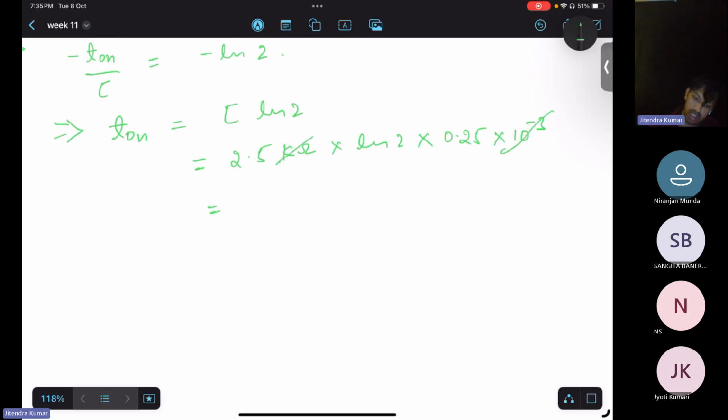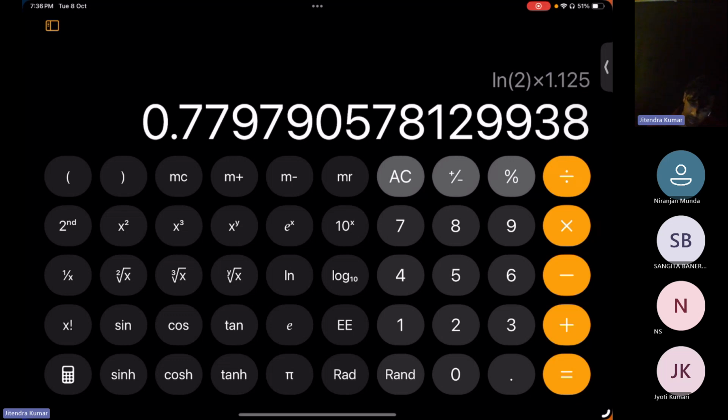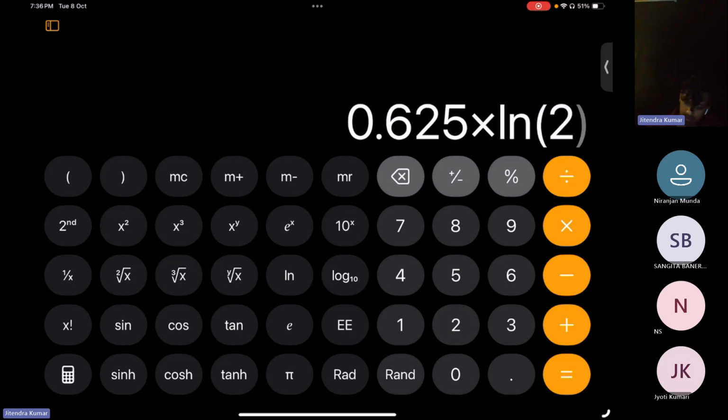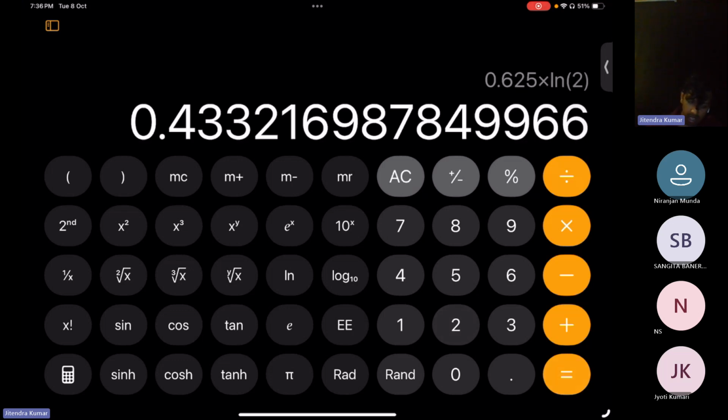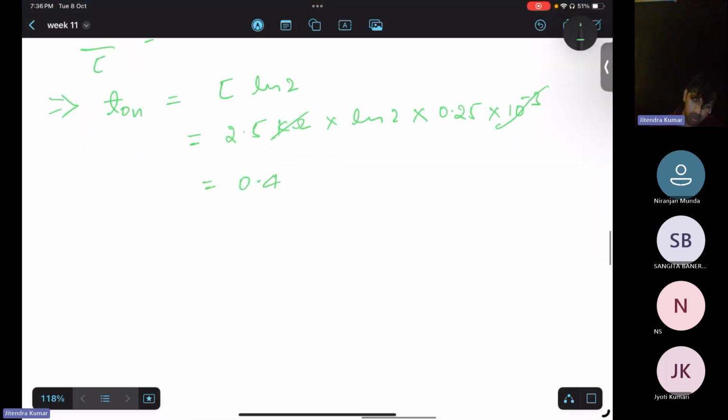So 2.5 into 1 by 4, 1.25. 2.5 divided by 4 into ln 2. So 0.433.